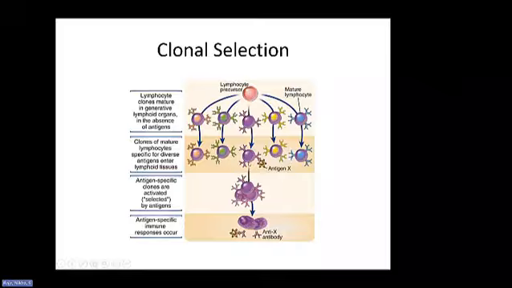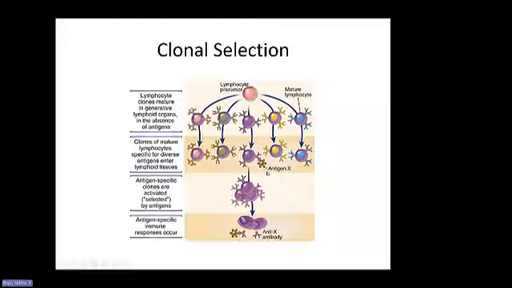This particular clone got selected to proliferate. Once it proliferates, it can differentiate into effector cells. If it's a B lymphocyte, it will produce antibodies. If it's a T lymphocyte, it can make helper T subsets or CTLs that can fight that particular antigen.